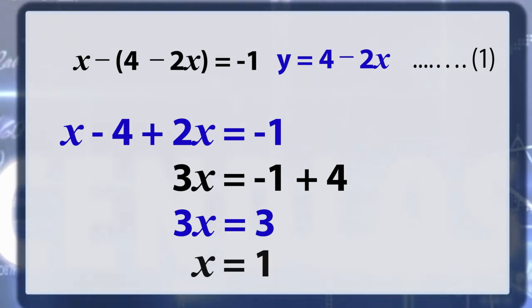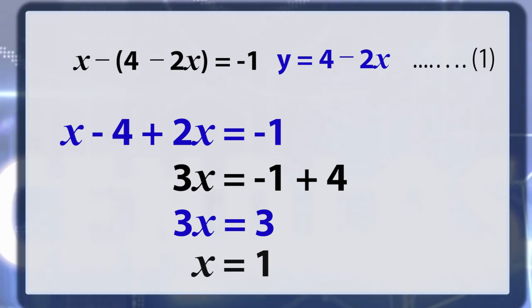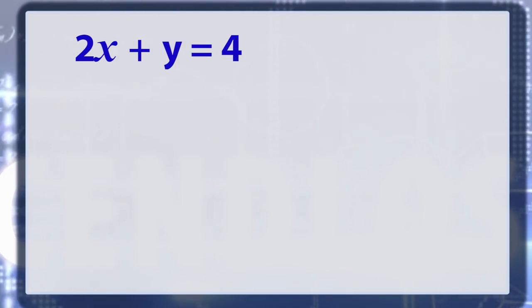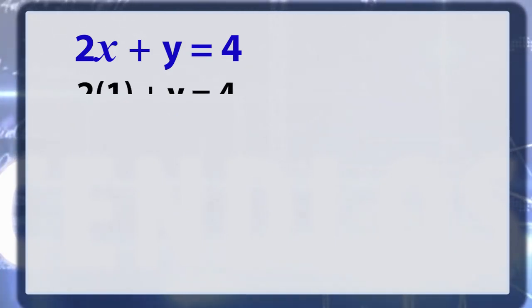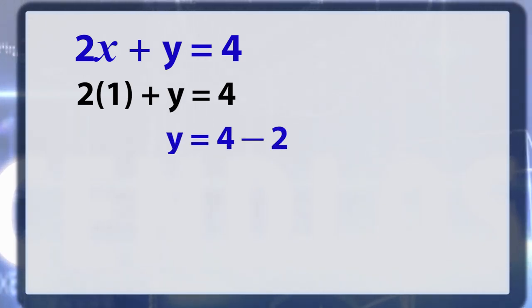To solve for the value of y, we substitute x is equal to 1 in equation 1. So whenever we see x in equation 1, we put 1 there. And that will give us 2 times 1 plus y is equal to 4. So 2 times 1 is 2 plus y is equal to 4. So we group like terms. We have y is equal to 4 minus 2, giving us y is equal to 2.